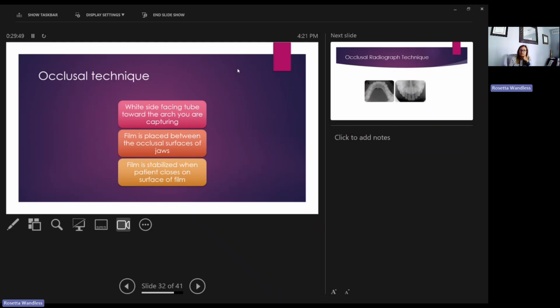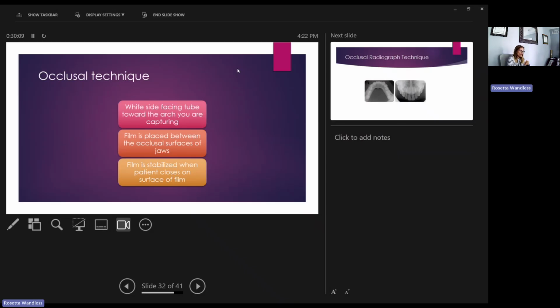Tips for occlusal technique. Now, we talked about the film. We know that there's one side of the film or sensor that is the flatter side that doesn't have a label or an attachment. That's the side that you're going to face toward the arch that you're capturing.